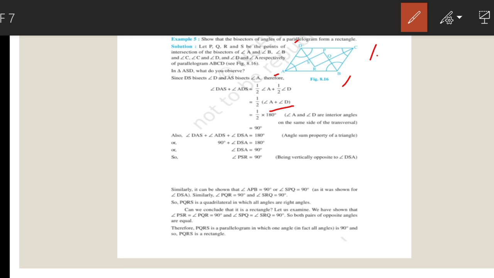So half of 180 is 90. So we get that angle DAS plus ADS is equal to 90.